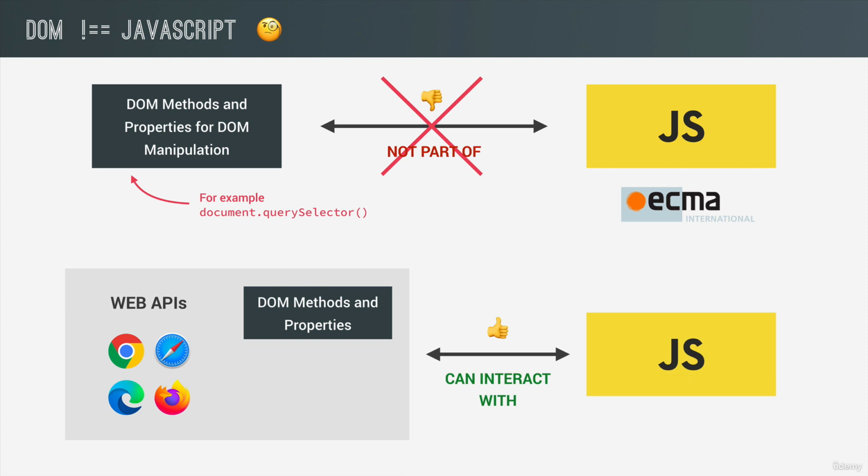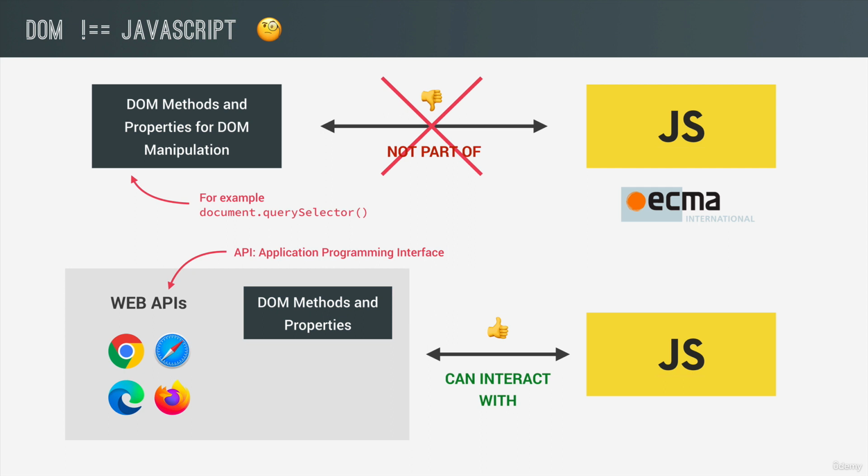And API stands for Application Programming Interface, but more about that later. For now, what you need to know is that web APIs are basically libraries that are also written in JavaScript and that are automatically available for us to use. So all this happens behind the scenes. We don't have to import or do anything, okay?